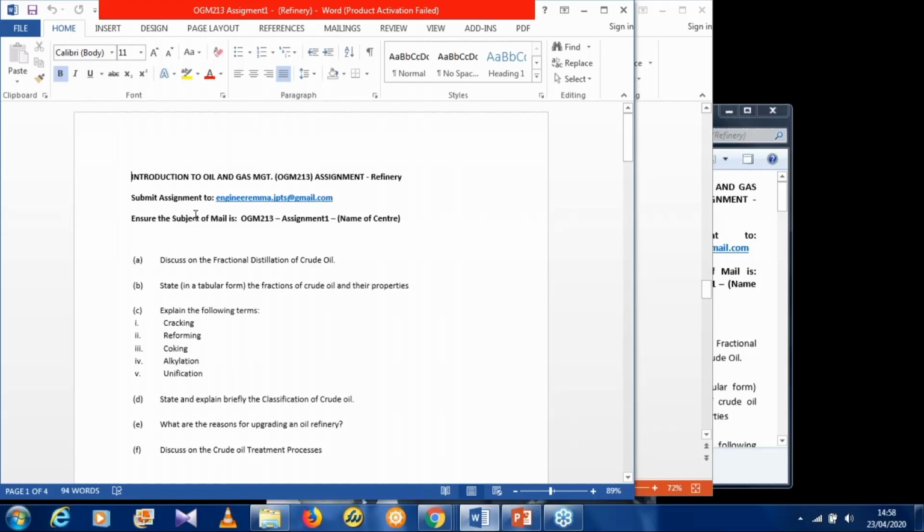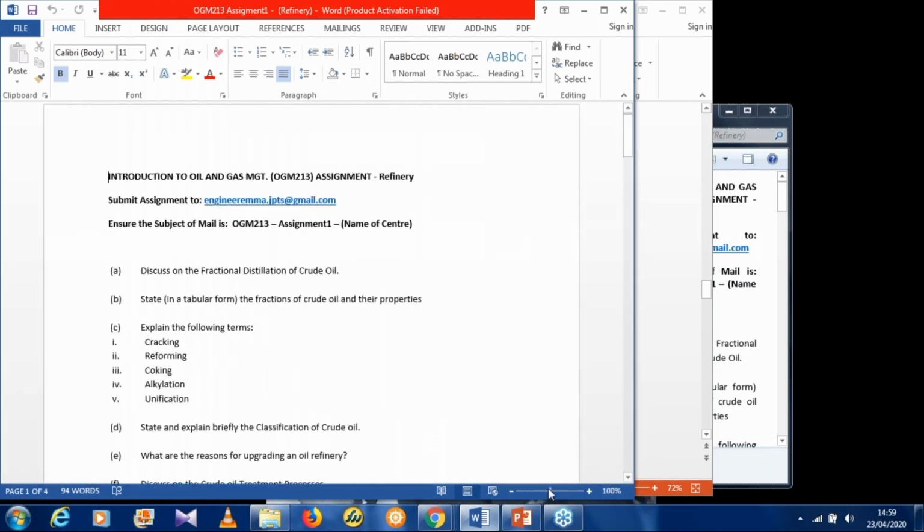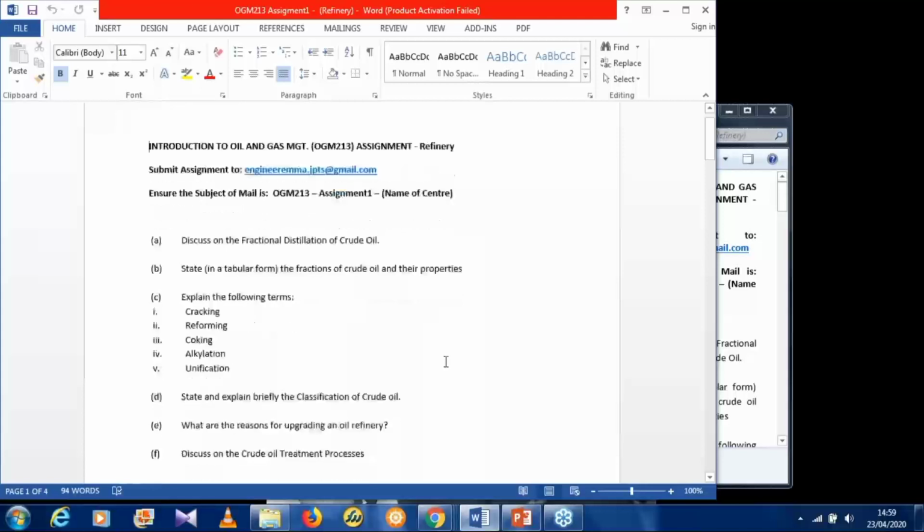First of all, please take note of where you are sending the assignment to. You are going to be mailing it to engineer.jpts@gmail.com. I hope you can see this very clearly.